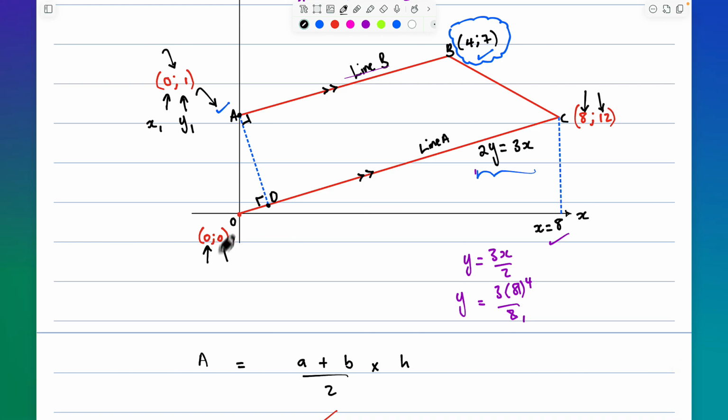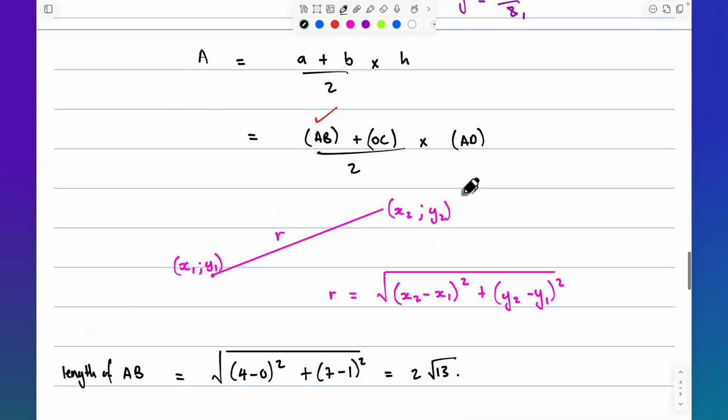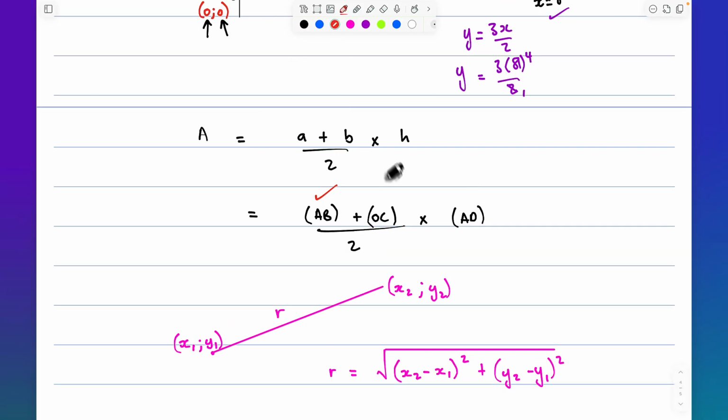The y value of this point is 0. Squared. So you find the square root of this. Punch that into your calculator. 8 squared plus 12 squared. 4 root 13. We have a lot of 13s in this problem. Okay, now we found the 2 lengths that we were looking for to apply in this equation.